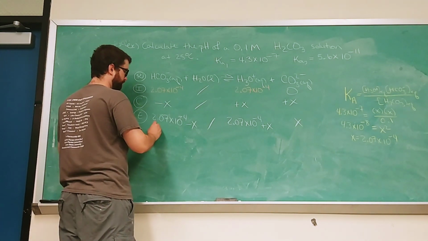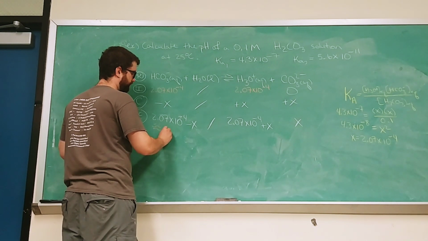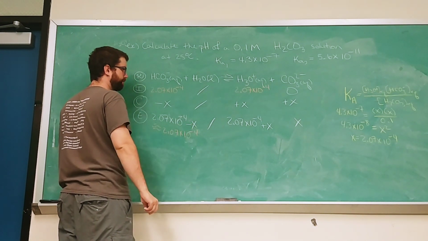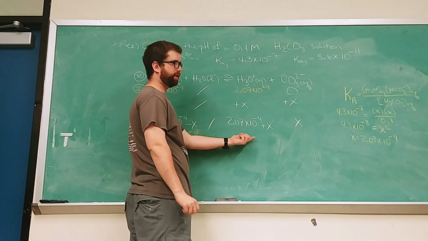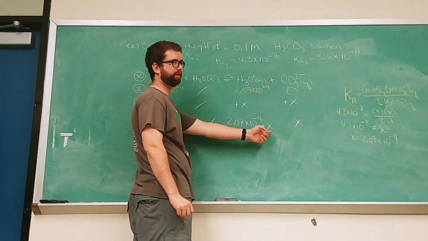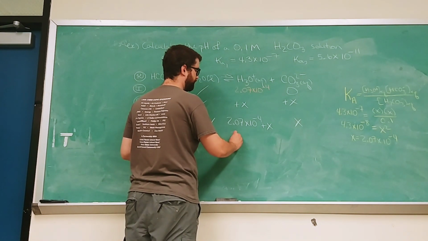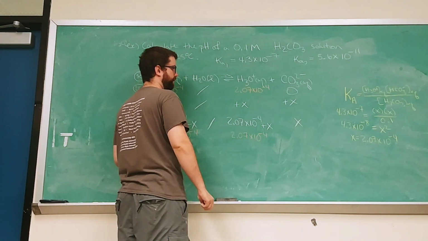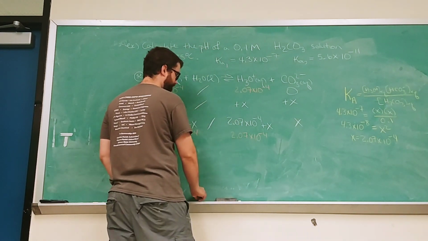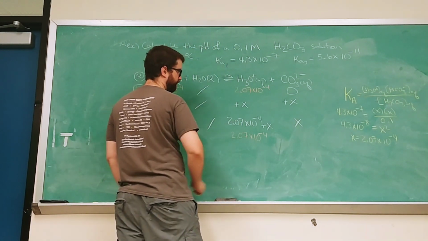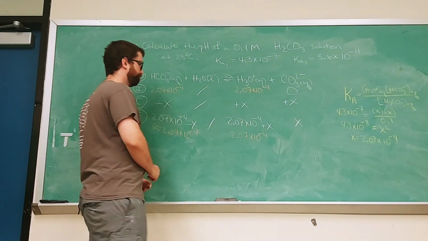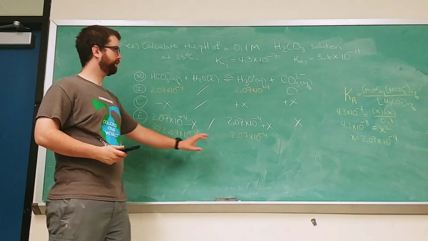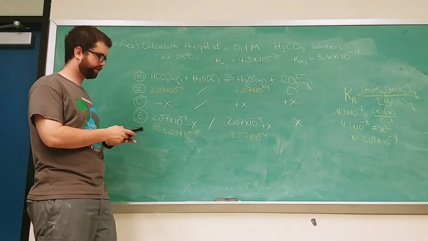We're just going to assume this is still 2.07 times 10 to the negative 4. Same applies here. Compared to this number, x is so small that this is still functionally 2.07 times 10 to the negative 4. And this is still x. So that'll give me my hydronium ion concentration.